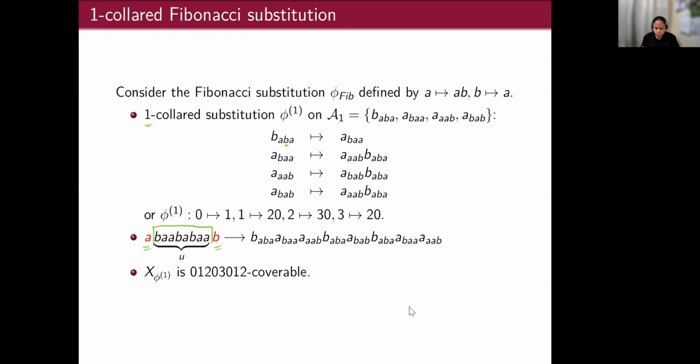Okay, so representing this subword in the subshift, again, we have to take note of the one letter that precedes and that succeeds a particular letter in U. So B here is the first letter in U, and it is preceded by A and succeeded by B. We have the letter A here, which is preceded by the letter B, excuse me, and succeeded by the letter B. And so what we have here is actually a cover of our subshift associated with the one colored substitution.